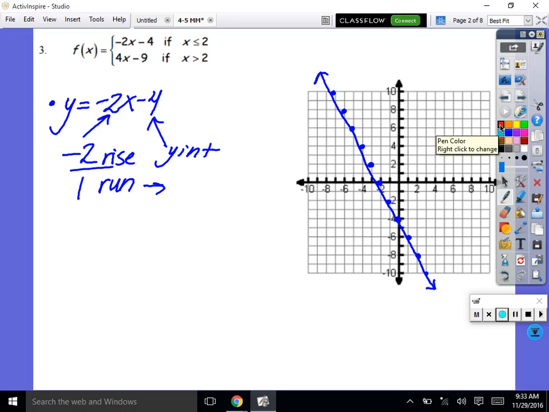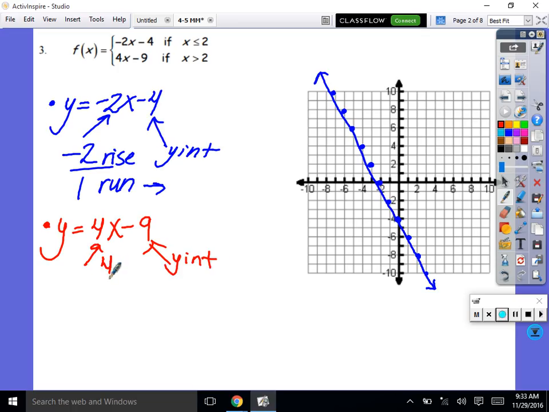So now we're going to draw in y equals 4x minus 9. So our y-intercept is -9, and then our slope is 4 over 1. So go down 9. Then we're going up 4 over 1.